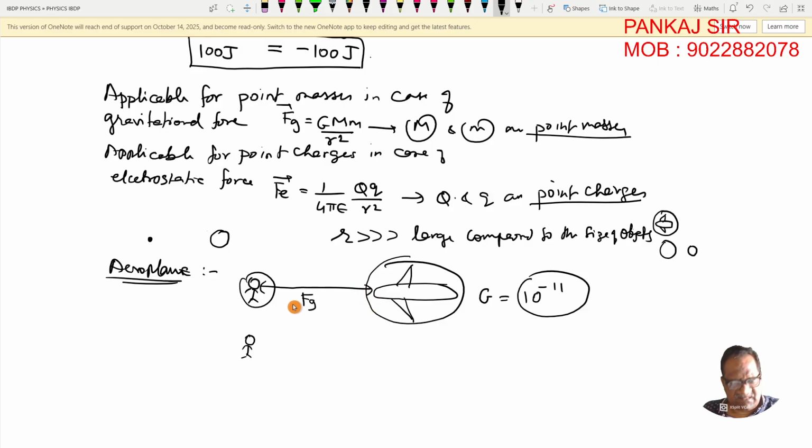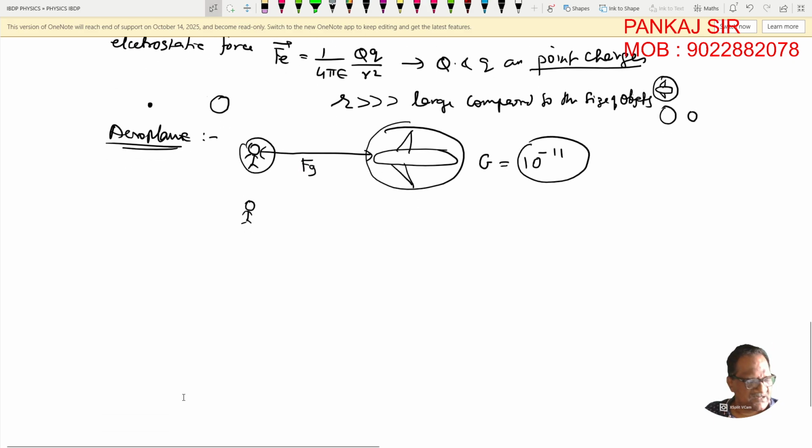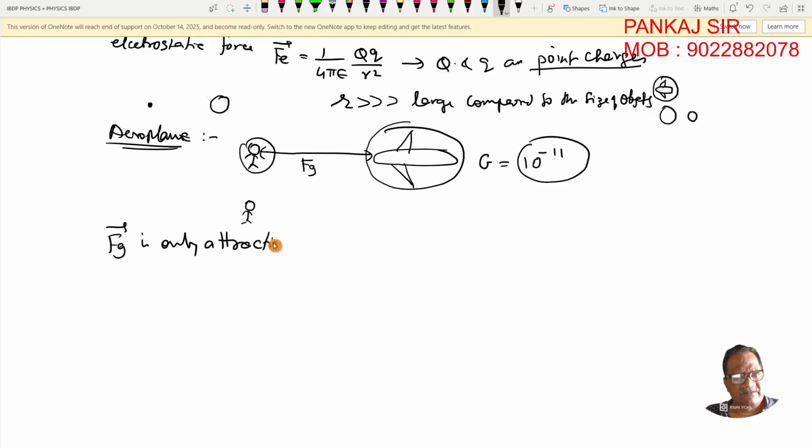The second and last aspect of these forces is very important. The gravitational force, Fg, is only an attraction force. You will never find that due to gravity one body is moving away from another body. Suppose this is m and this is small m, there will not be repulsion. In the case of gravitational force, repulsion is not there, only attraction.